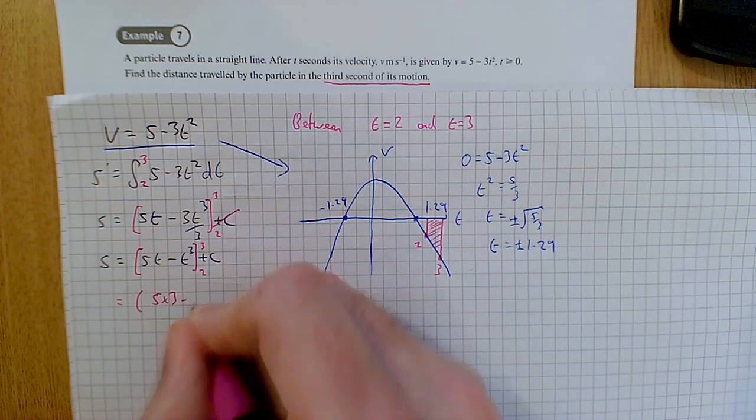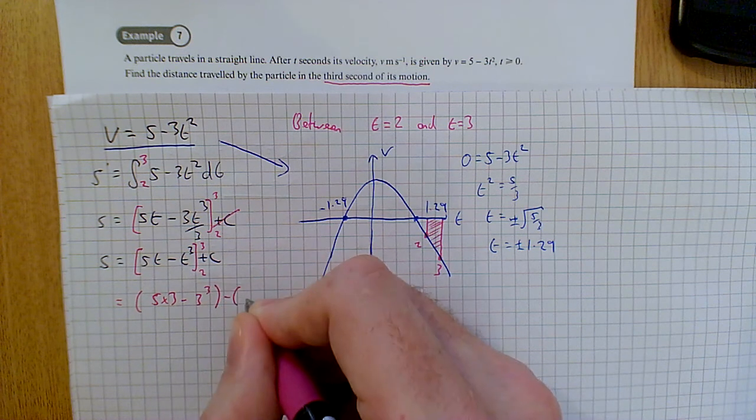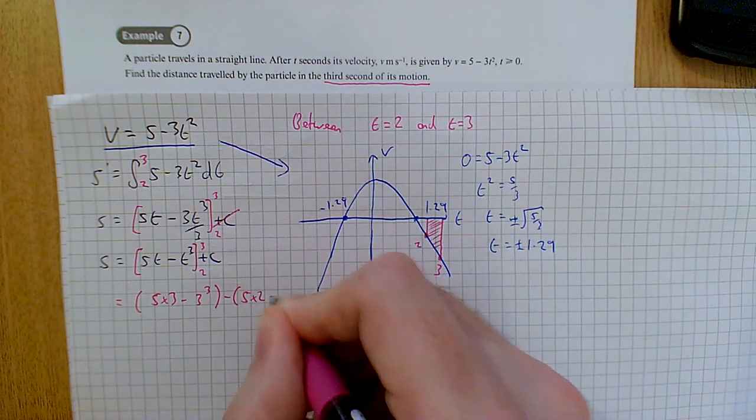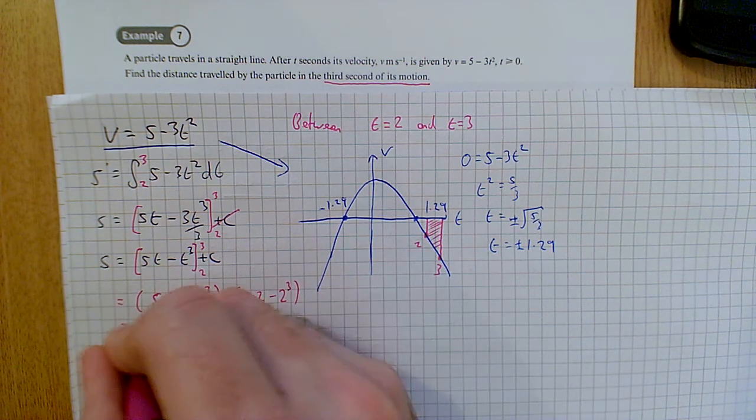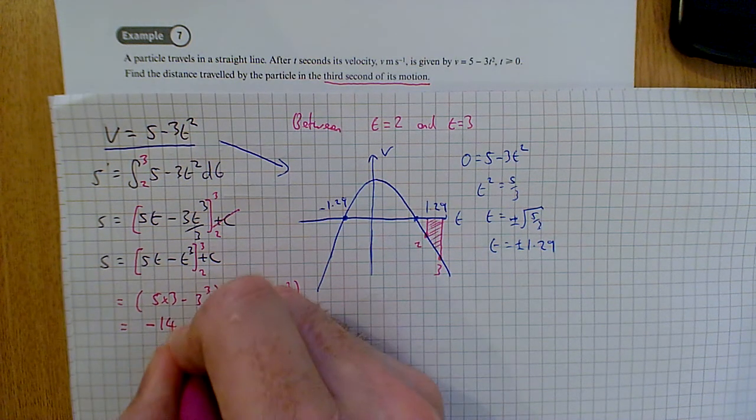5 times 3 minus 3 cubed, minus 5 times 2 minus 2 cubed. Pop that into our calculator, work it out. Should get minus 14.